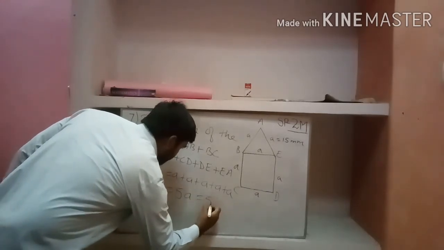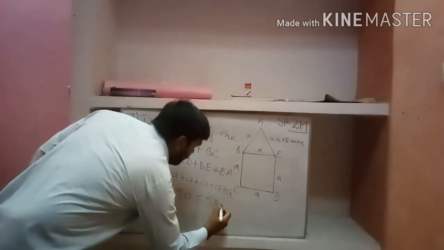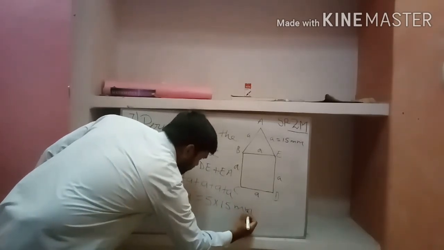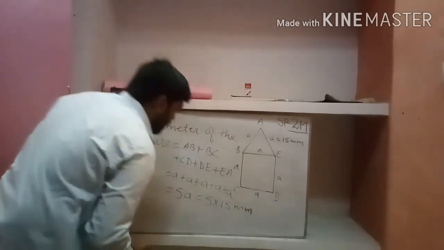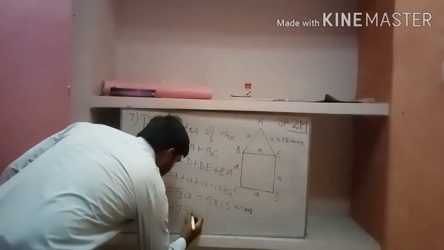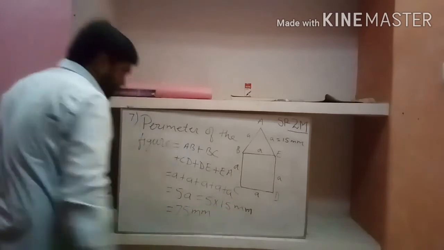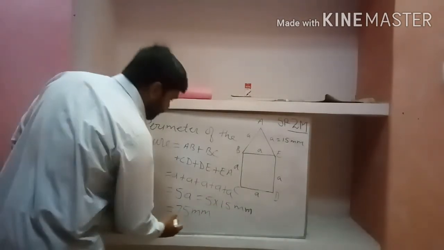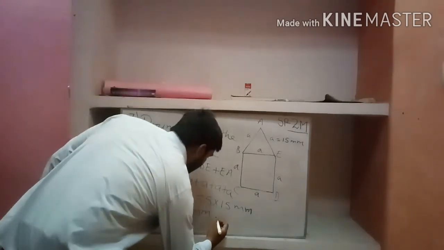Okay. So you got 5A. That means 5 multiply A. A value is 15 millimeter. Okay, now 15 5s are 75 millimeter. So 75 millimeter, you can convert it to centimeter also. So 1 millimeter equals 1 by 10 centimeter.